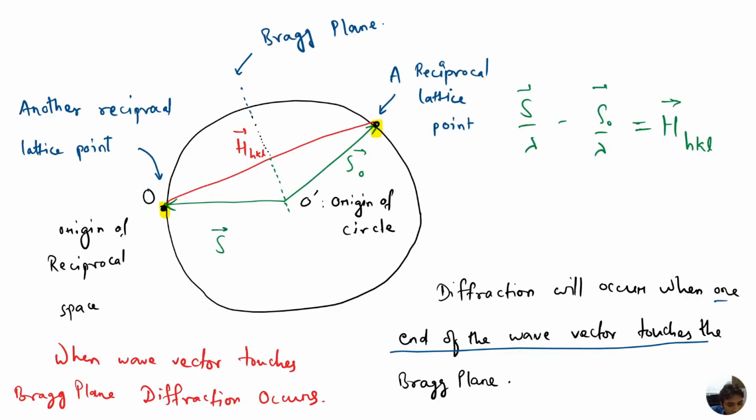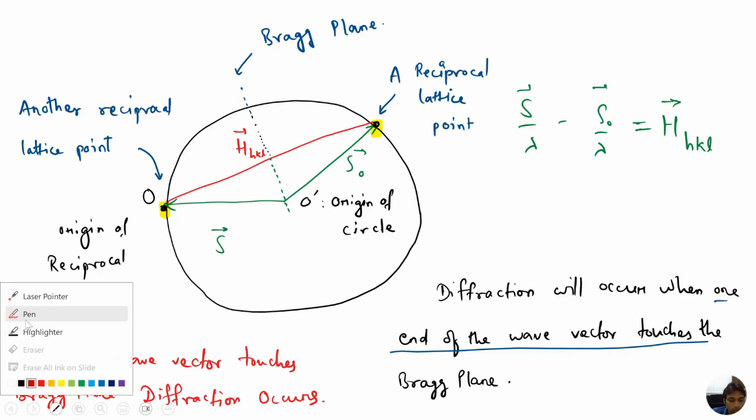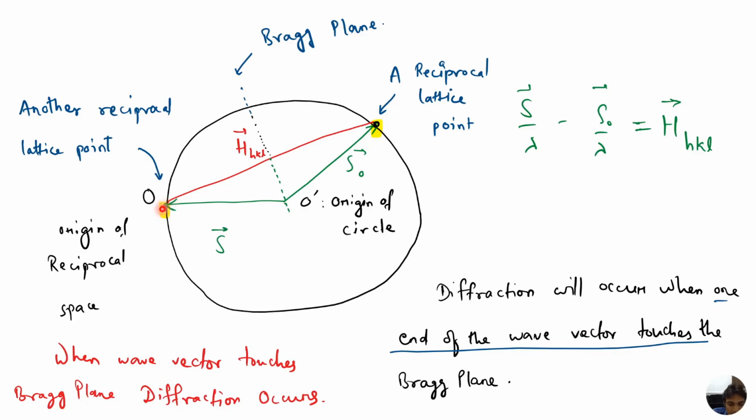Now if you remember from the last class, this was the Ewald construction, and we said let us take two different points in the reciprocal lattice. Here, this is a reciprocal lattice point. Corresponding to that, we are probing with a certain wavelength lambda, and S is the direction.